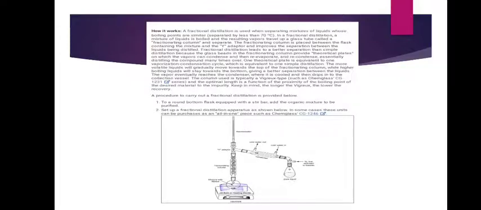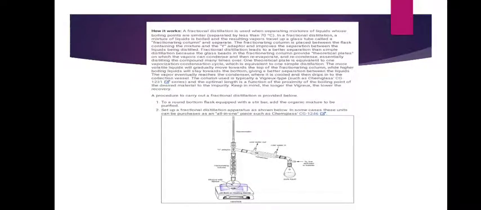The fractionating column is placed between the flask of liquids being distilled. Fractional distillation leads to a better separation than simple distillation because the glass beads in the fractionating column provide theoretical plates on which the vapors can condense and then re-evaporate and recondense, essentially distilling the compound many times over.